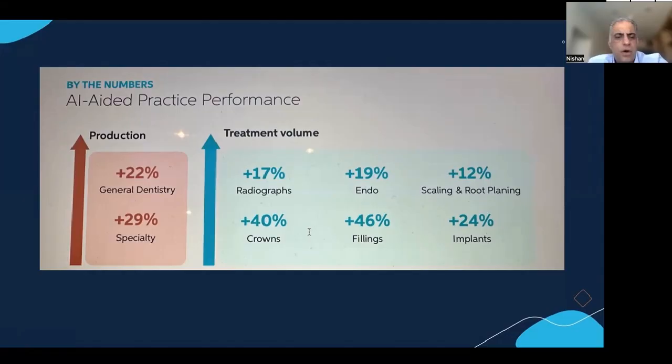So Pearl is helping you increase your production by highlighting areas that you may have missed from your X-ray diagnosis, but it also helps with the patients' understanding of what's going on in their mouth, and more treatment is probably taken up. We have definitely found an increase in our treatment uptake since using Pearl.